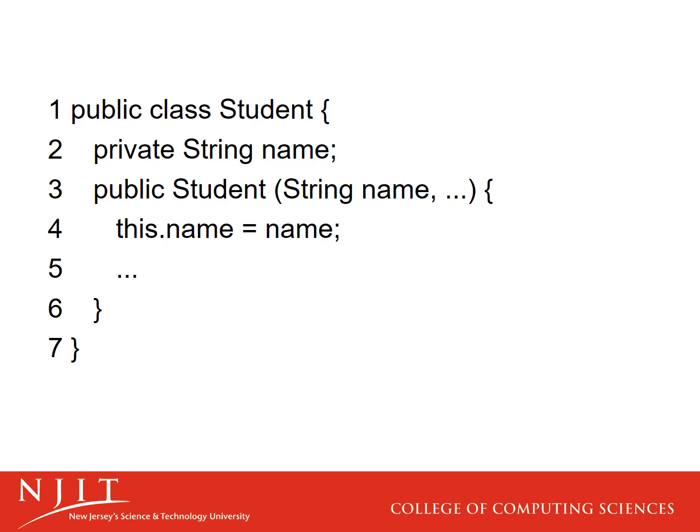The variable called name that's associated with this particular instance of the class should be set equal to the variable called name, which is the parameter passed into the function. So saying this.name gives me access to the variable at line 2 that would otherwise be hidden.